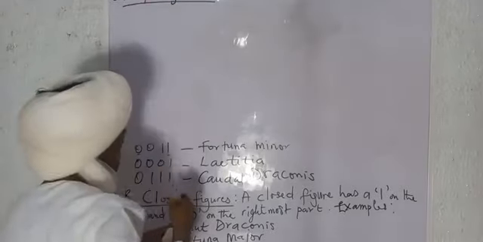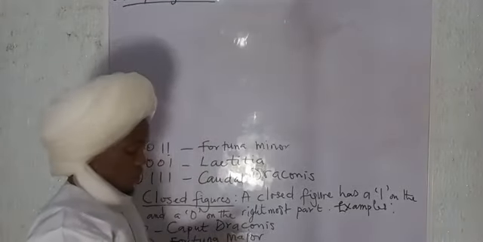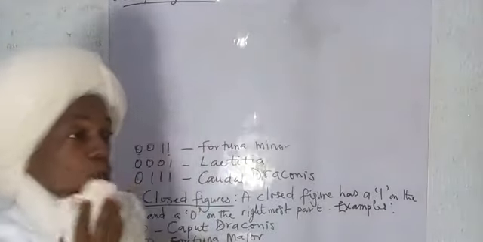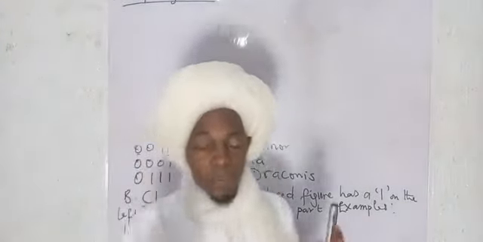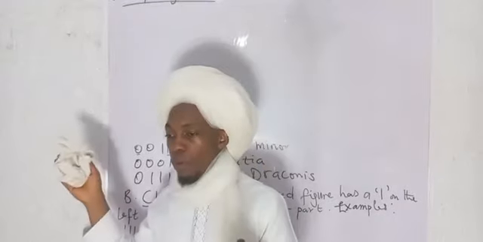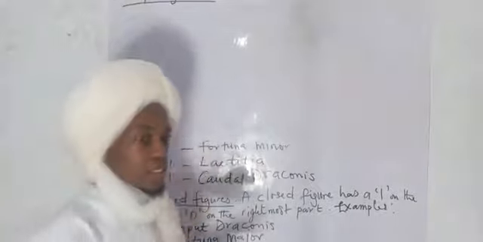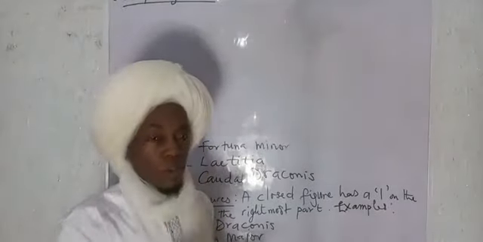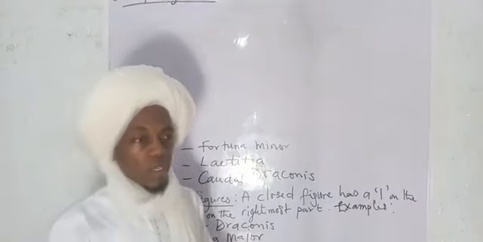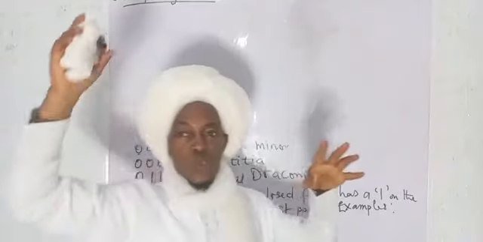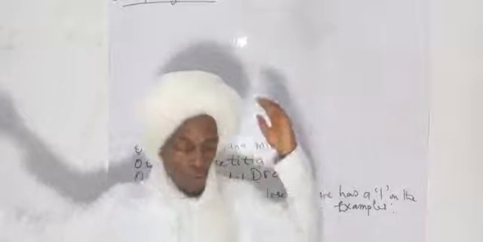Now, what is the definition of a flip figure? A flip figure has similar bits on both the right and the left. If it is 1 on the leftmost, you see 1 on the rightmost.